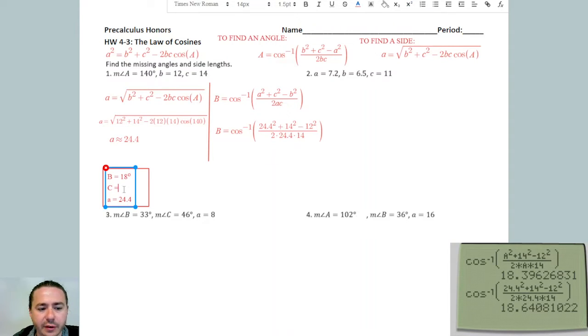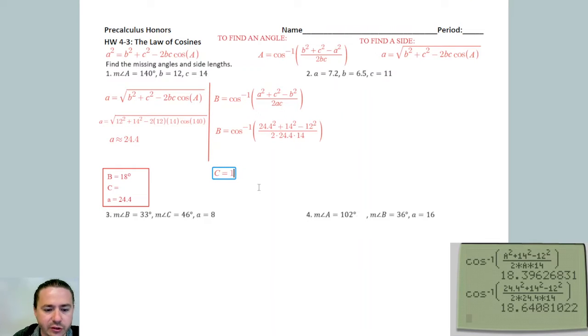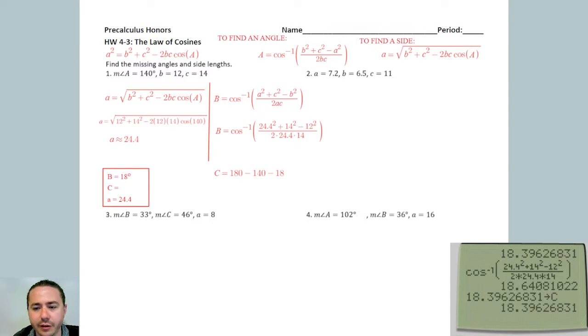Okay, so for C, once we have our first two angle measures, getting the third angle measure should be no problem at all. It's just going to be 180 minus angle A, which is 140, minus angle B, which is about 18 degrees. Again, if you want to be even more precise, we could store this into C, although I don't think we're going to get any benefit out of that since we're rounding to the nearest whole number.